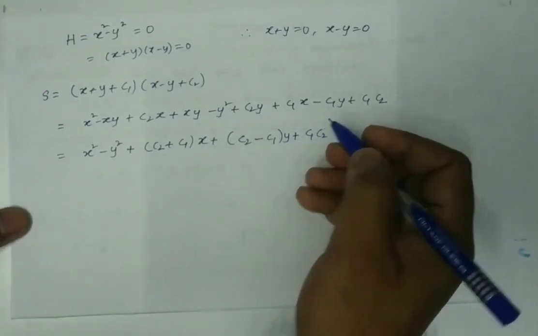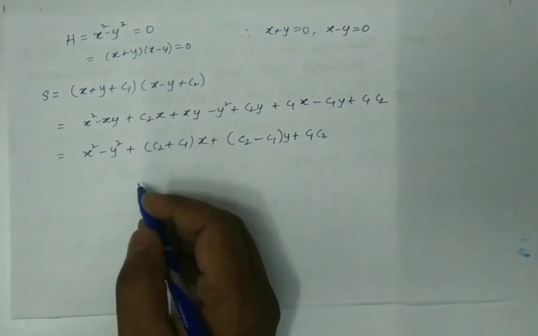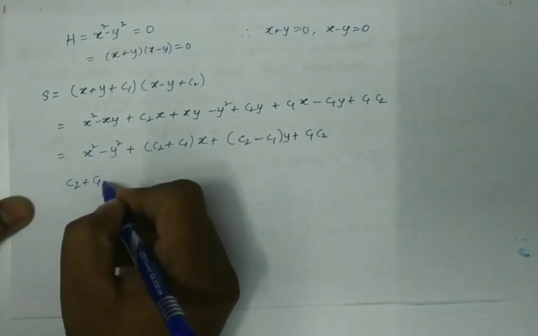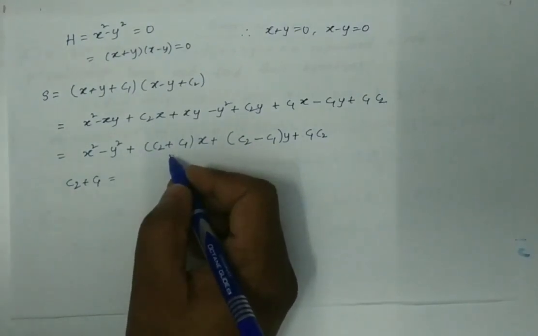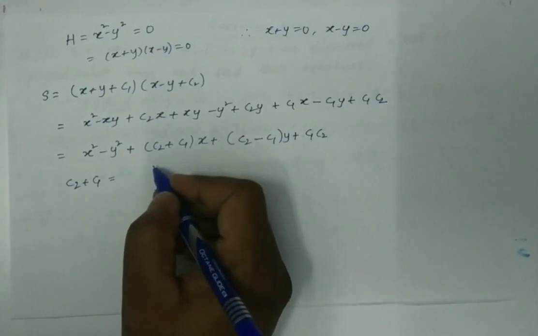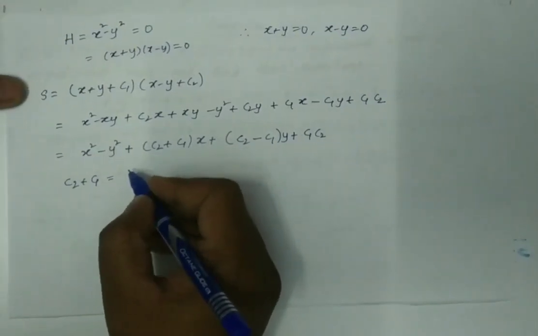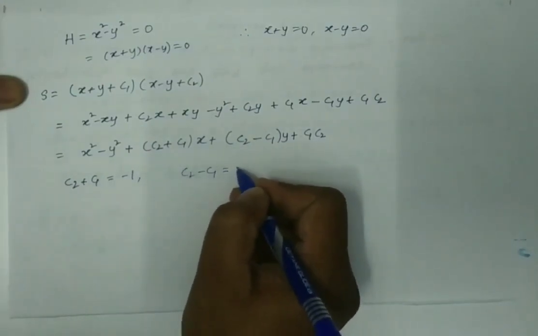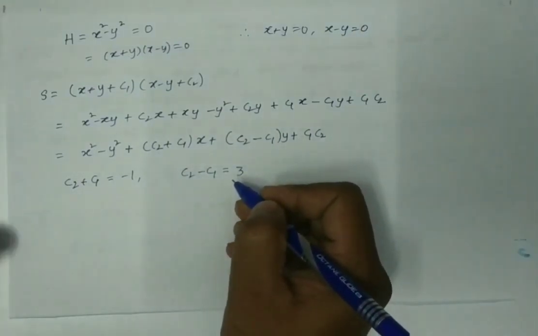Now let us compare coefficients on both sides. Here c2 plus c1 is nothing but minus 1, and c2 minus c1 is nothing but 3.